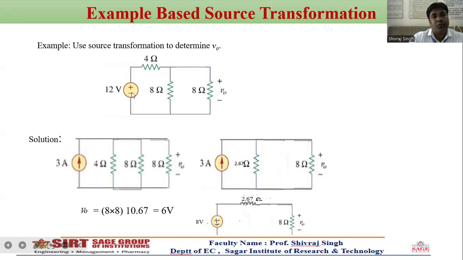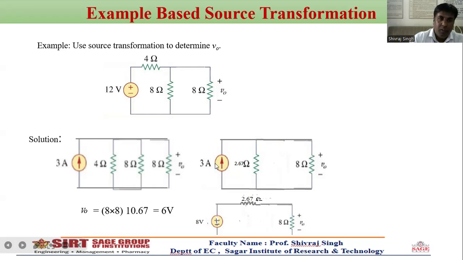Here we can observe a 12 volt source connected in series with a resistance, so this voltage source is replaced by a current source. The current source is 12 upon 4, that means 3 ampere, connected in parallel with the 4 ohm resistance. The 8 ohm stays the same. Again, simplify the circuit.